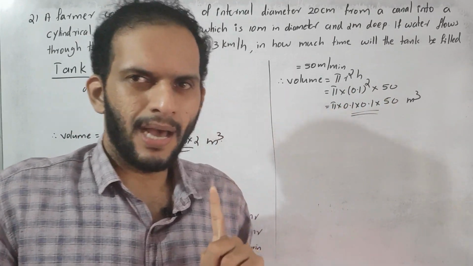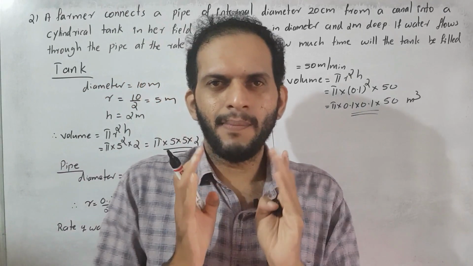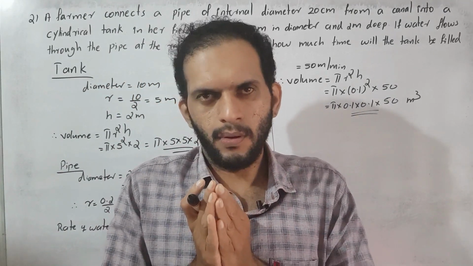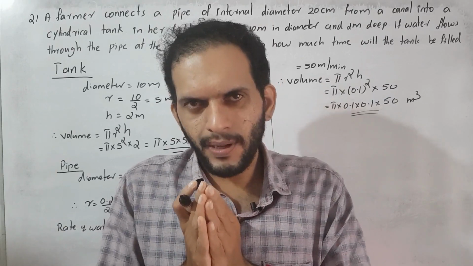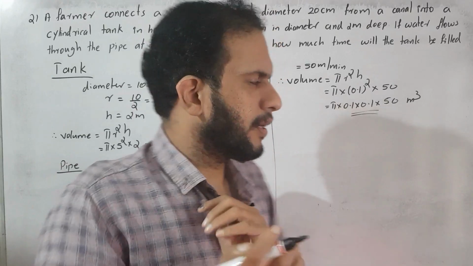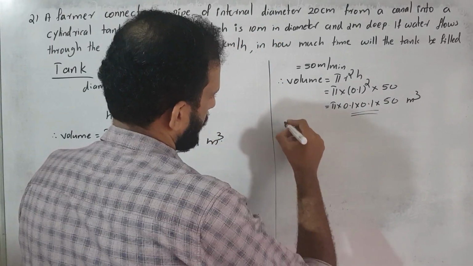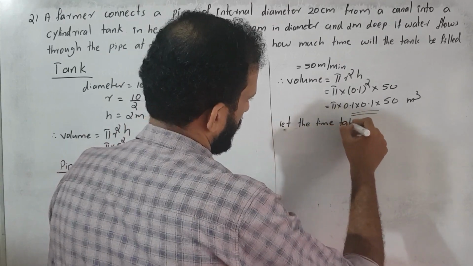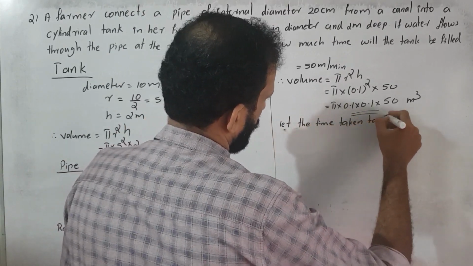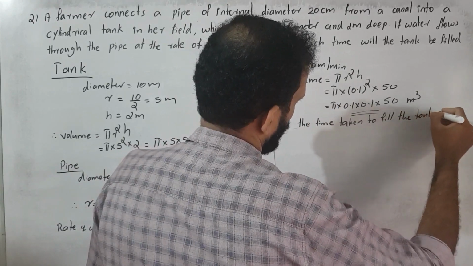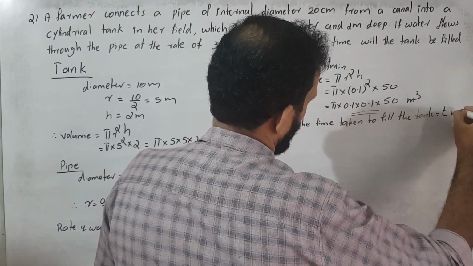Okay, then we don't know the time, so we consider the time taken to fill the tank is equal to t. Therefore let the time taken to fill the tank be t minute.